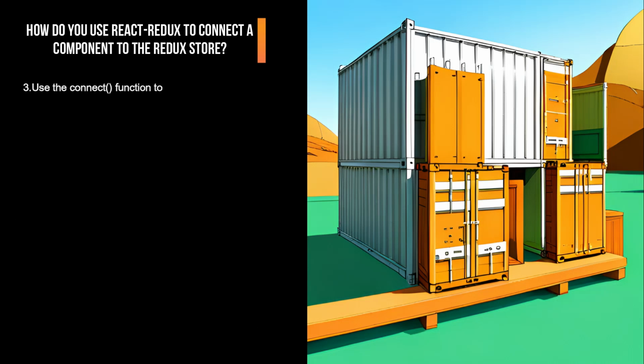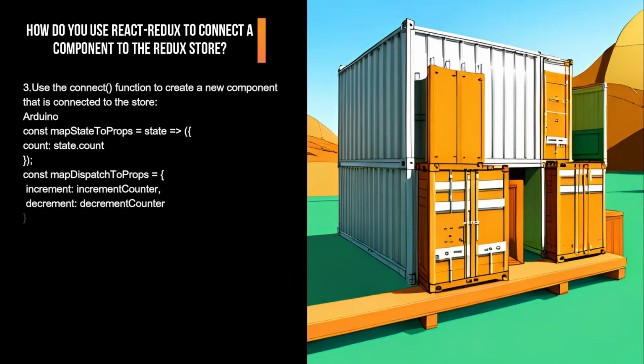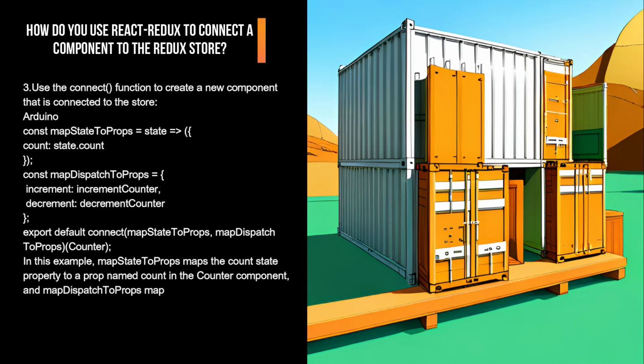Use the connect function to create a new component that is connected to the store. JavaScript. const mapStateToProps = state => ({ count: state.count }); const mapDispatchToProps = { increment: incrementCounter, decrement: decrementCounter }; export default connect(mapStateToProps, mapDispatchToProps)(Counter).